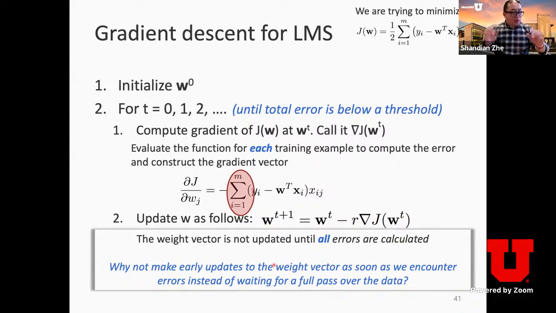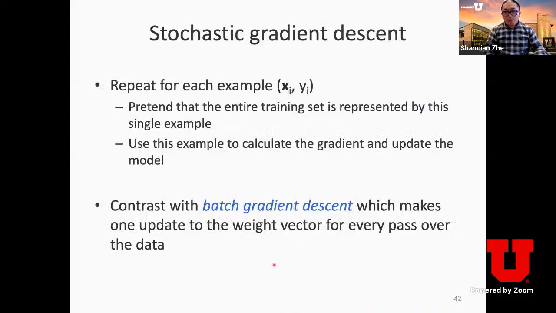Such an approach is called stochastic gradient descent. Here's the stochastic gradient descent. We just repeat for each example. We're not going to repeat for the whole data set. We look at the examples one by one. We pretend that at each step, the current example I am seeing is the entire training set, and just calculate the gradient.